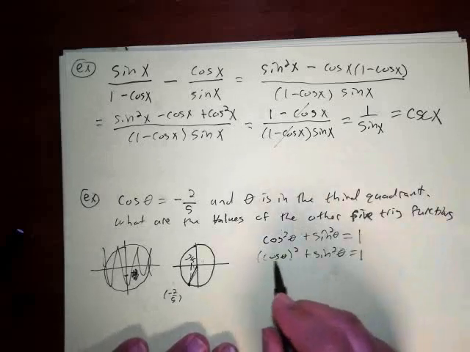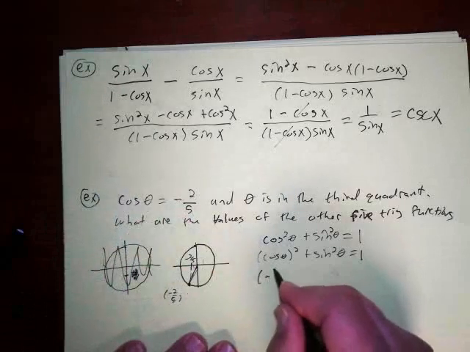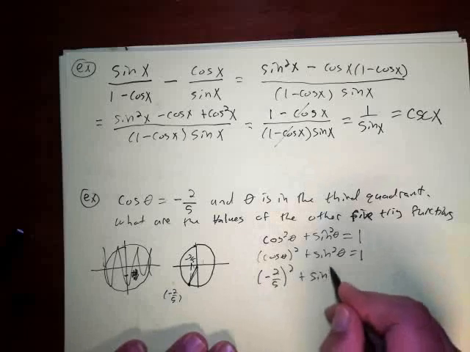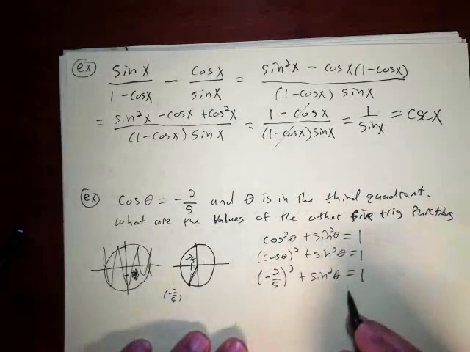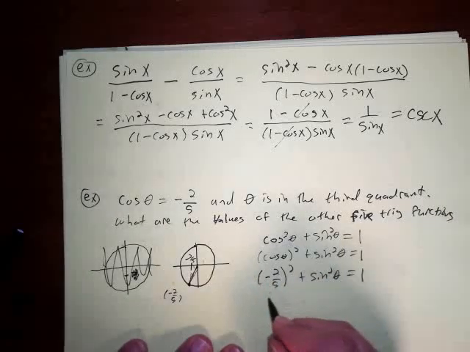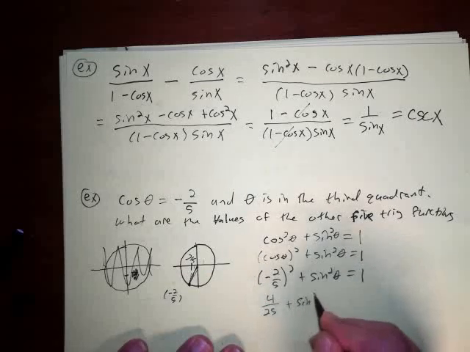And the cosine theta is equal to negative 2/5. So I get negative 2/5 squared plus sine squared theta is equal to 1. Now I can solve for the sine of theta here. So this becomes positive 4/25 plus sine squared theta.